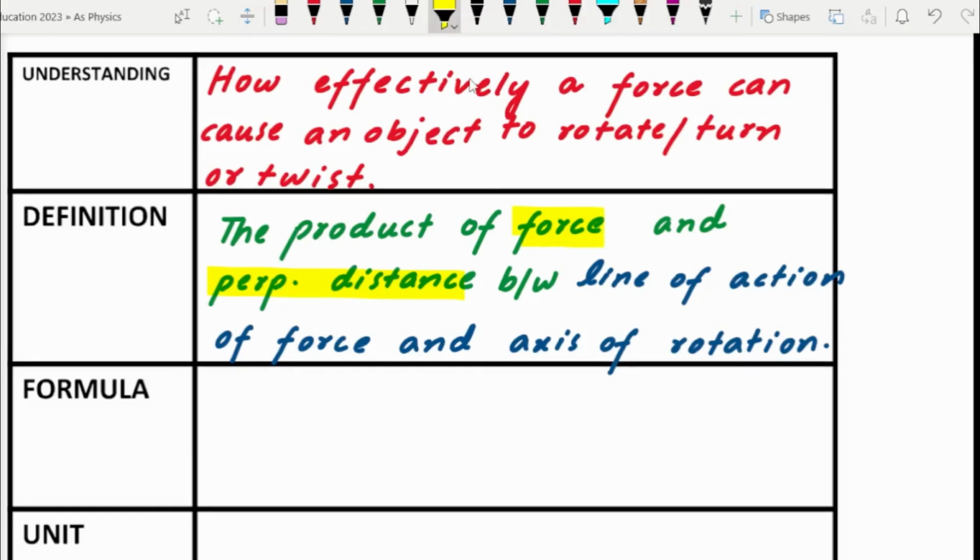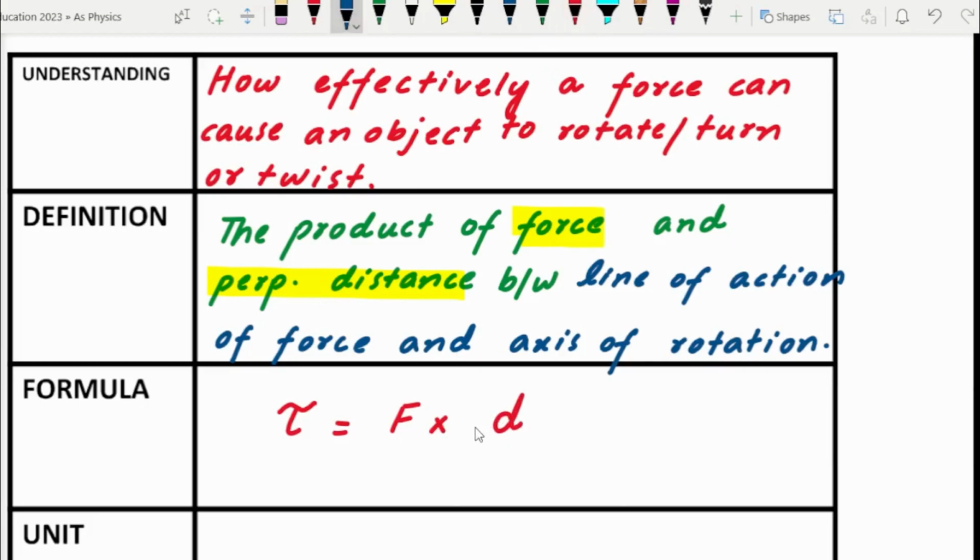Now the next thing is a formula, the most important one. The formula is written with tau. This symbol is used to represent moment or turning effect of force or torque. All of these three terms can be used, and moment of force or torque equals the product of force and perpendicular distance from the pivot.